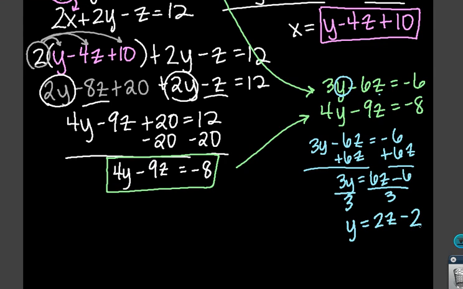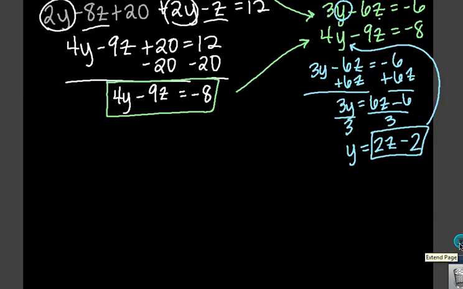So what do we do with that? Substitute it in. We're going to take this expression that represents y, substitute it into the other equation for y. So we'll have 4 times y, which is 2z minus 2, minus 9z equals negative 8.